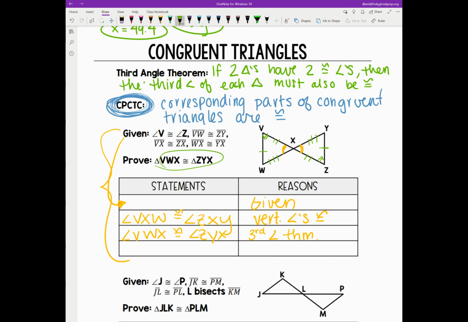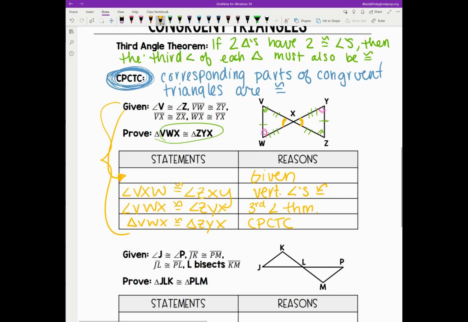Now I've also proven using the third angle theorem that my third angle is congruent, which means my last statement is triangle VWX congruent to triangle ZYX, because all of my corresponding parts are congruent. So CPCTC.